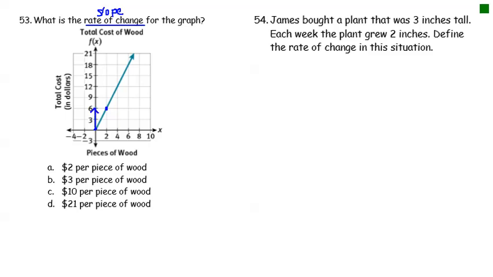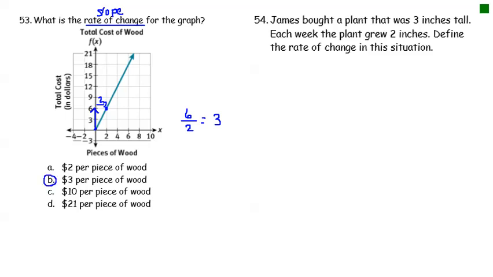Notice that I went up 6, and then over 2. So 6 divided by 2 gives me 3, and we're talking about $3 per piece of wood. So our answer choice here would be B.